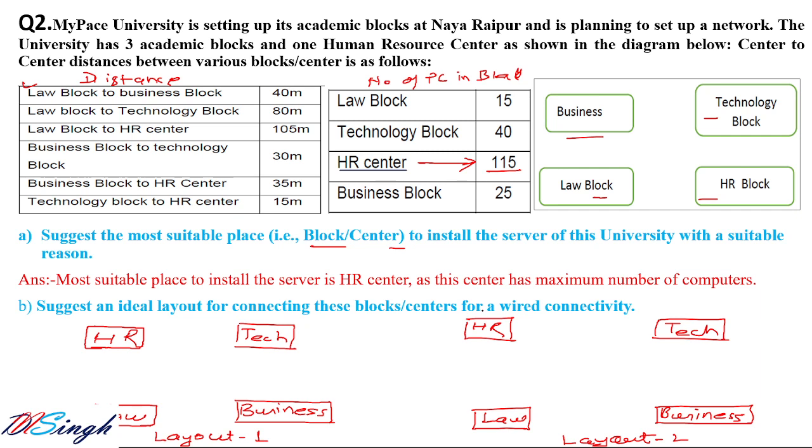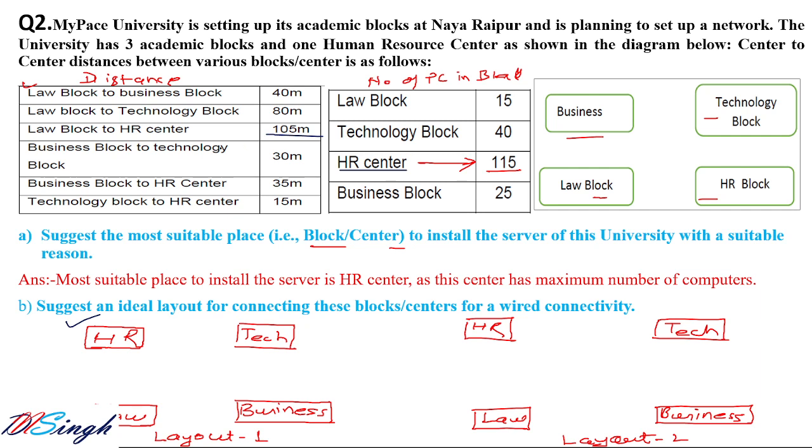So here what we keep in mind: first we write the HR block, because this HR block contains the highest number of computers. Now from the HR block we try to connect all other blocks. Check the distance table for HR to law block: it is 105.